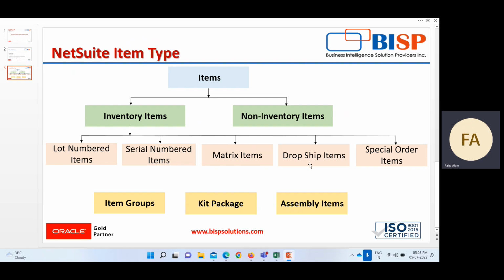I mean, under the dropship items, the goods do not reach our warehouse. It does not record it into our inventory. Rather, the order is shipped from the vendor to the customer directly. We only play the role of a mediator, as we take an order from our customer, and we put it to our vendors, and then the vendor is ready to supply these goods to our customer directly.